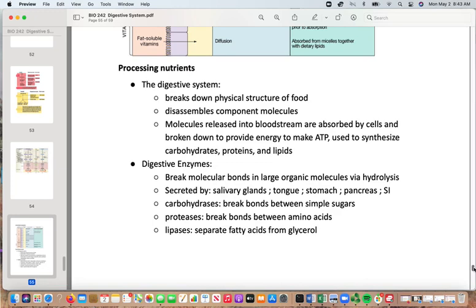So your digestive system is going to break down the physical structure of food. It's going to break it down into the molecules that go into the bloodstream. Those get absorbed by the cells, and they're going to provide the energy to make ATP. The digestive enzymes, they're going to break the molecular bonds in those large organic molecules. It's usually hydrolysis.